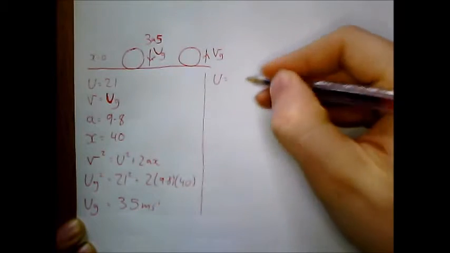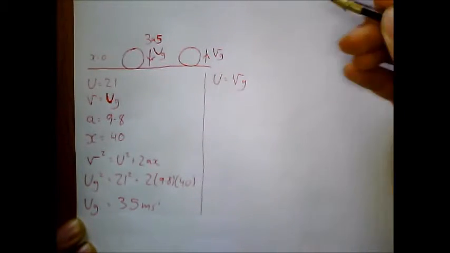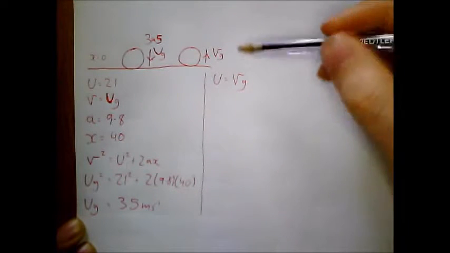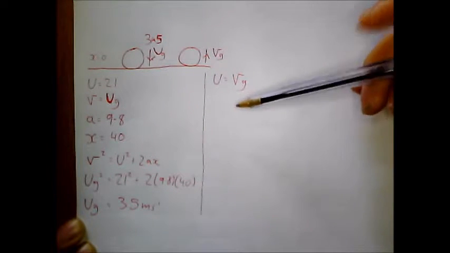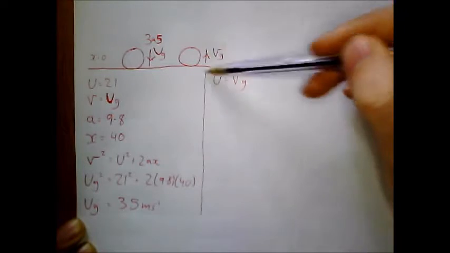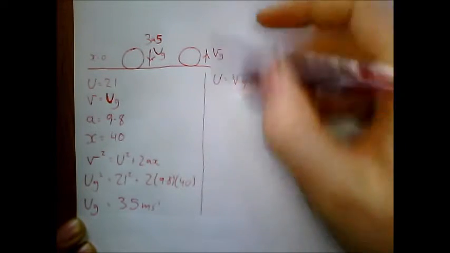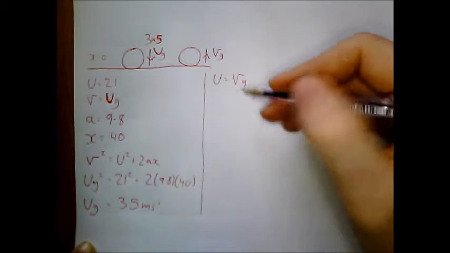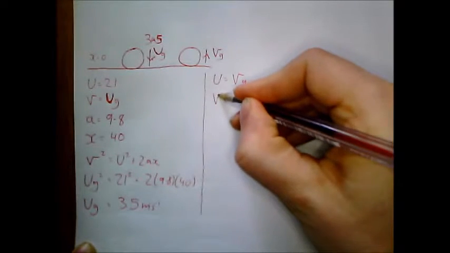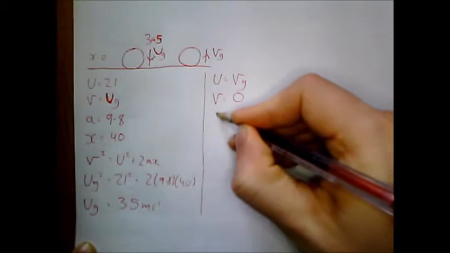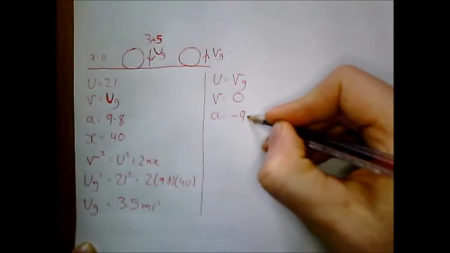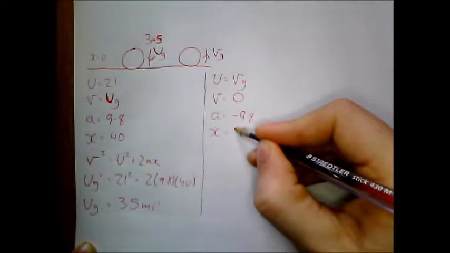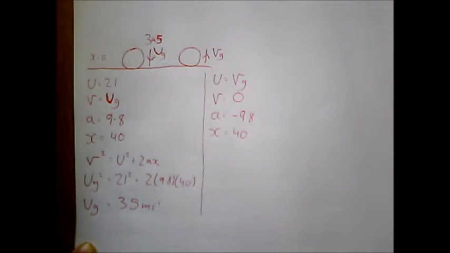So here, its initial speed is Vg, and we'll resolve upwards for this one, so Vg will be positive, going against gravity. So our final speed is 0, our acceleration is negative 9.8, going against the speed, and x is 40, because it rebounds back to its starting position.